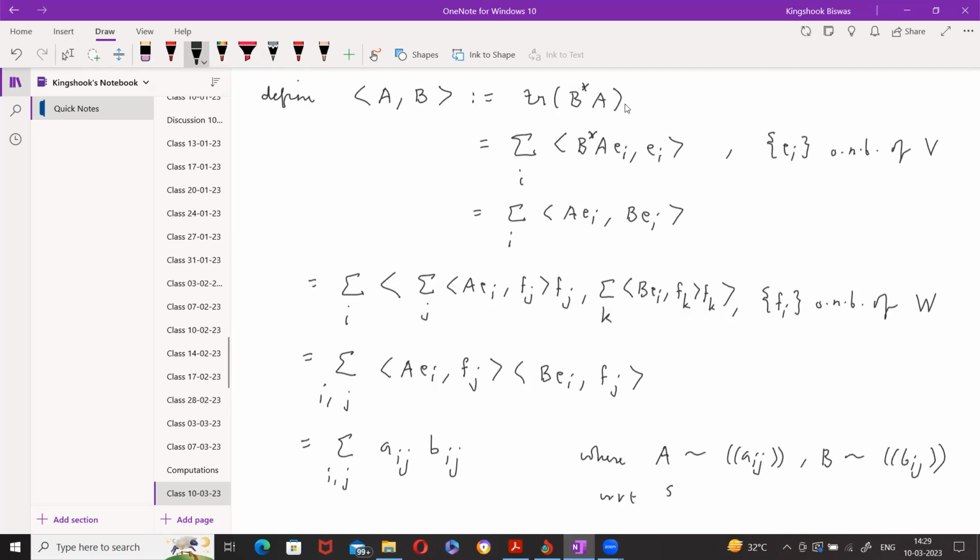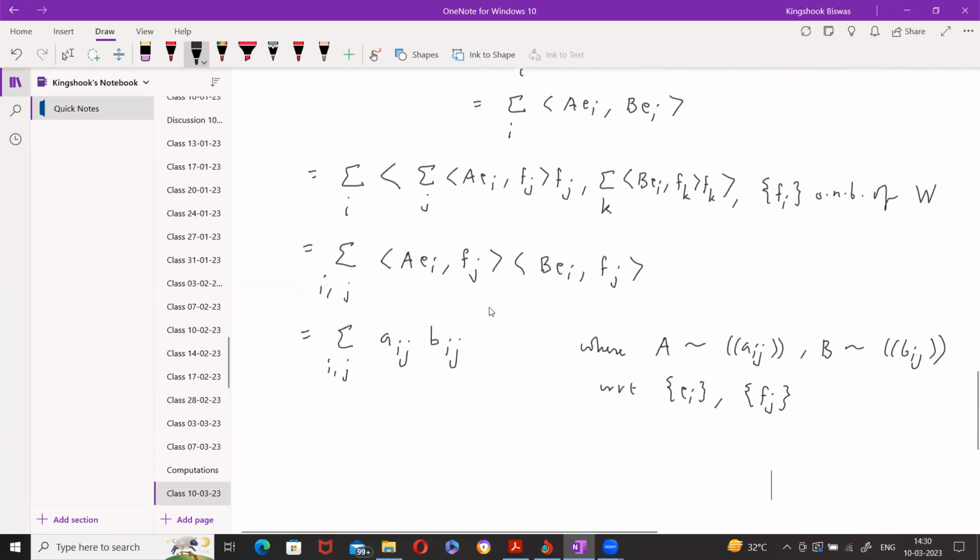Is that clear? So the point is, this inner product is just the usual inner product on R^(m×n), where you identify these linear maps with matrices using orthonormal bases. So this is independent of the choices of orthonormal bases.